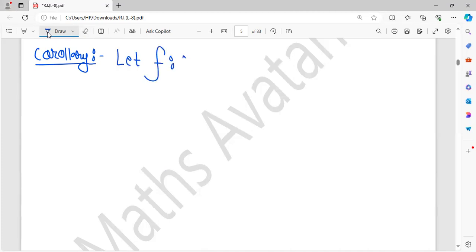Let f: [a, b] → R be a bounded function.